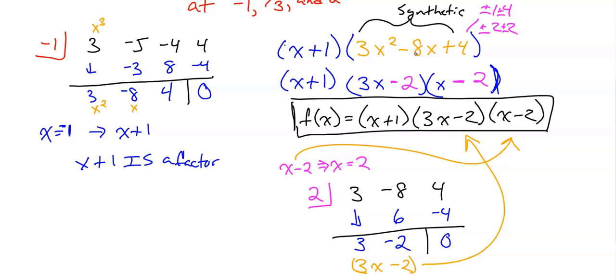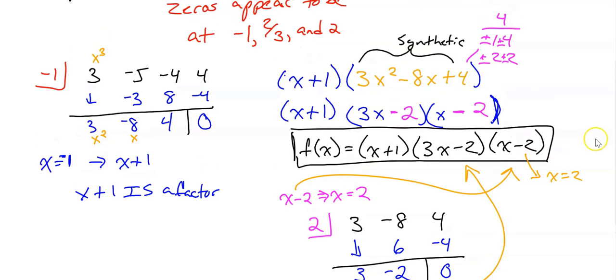So if you're more comfortable doing synthetic division, you can do a check and guess using synthetic division. And remember, x minus 2 is the same as saying x equals 2. That was one of our potential factors up here.